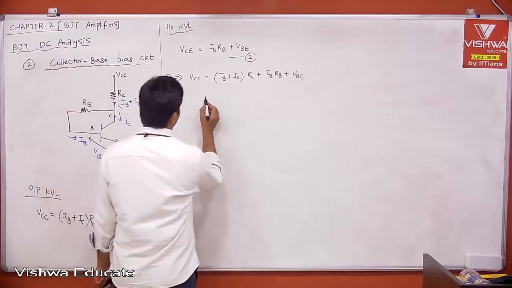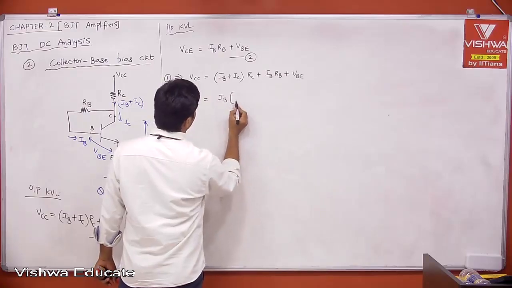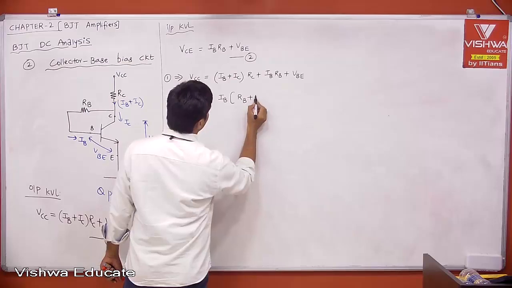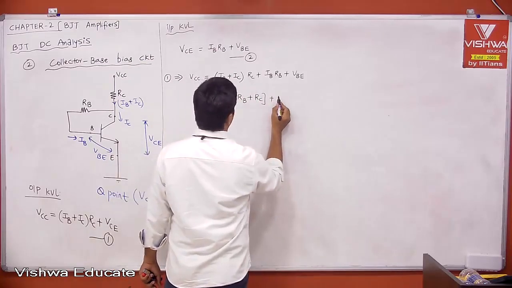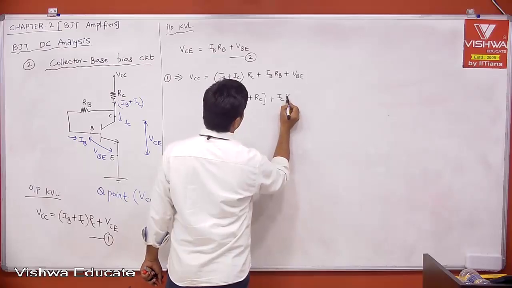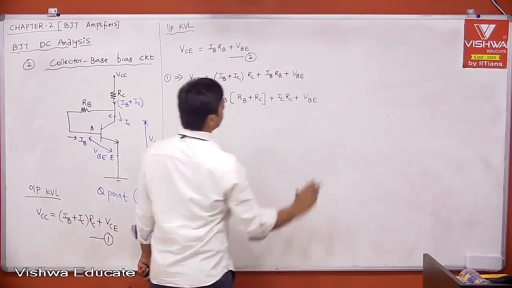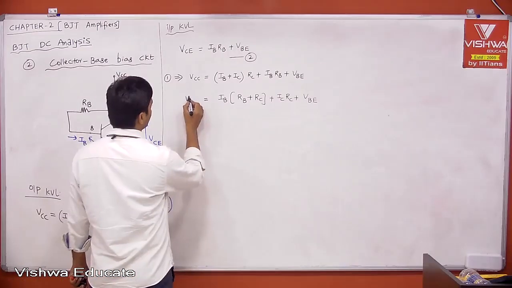Now, can you take IB common? If you take IB common, then you will get IB into (RB plus RC) plus IC into RC plus VBE. Right? Just listen. I'll give you time. Therefore, this is your VCC.